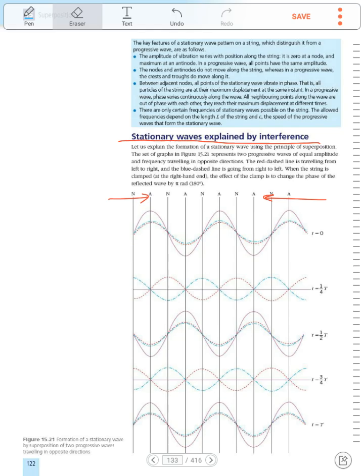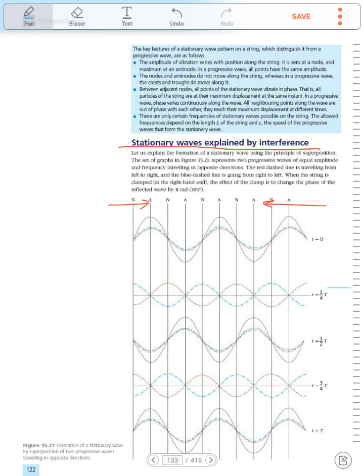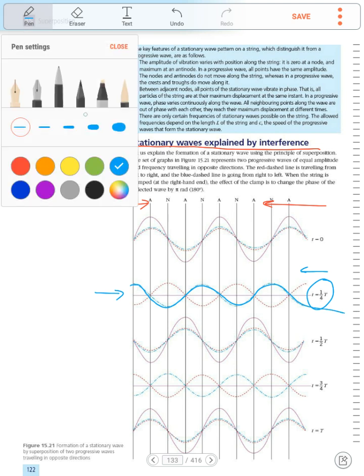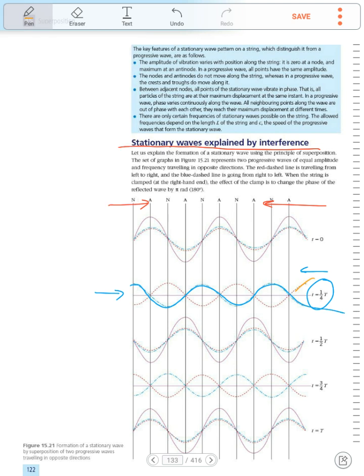After a time of one quarter of the period, the waves come from different directions. This is wave number 1 from the left, and this is the other wave from the right.